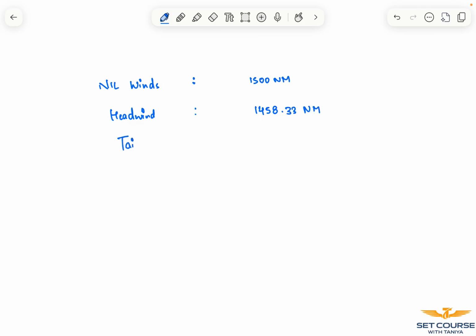And in case of a tailwind, it is the same, 1458.33 nautical miles. So we can conclude that the distance to the point of safe return is going to be maximum in case of nil wind, and for headwind or tailwind, the distance is going to reduce.